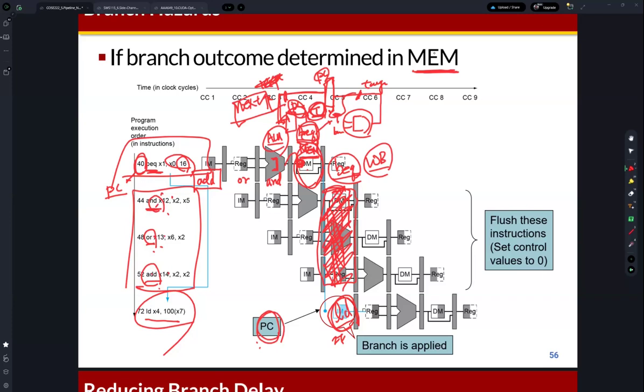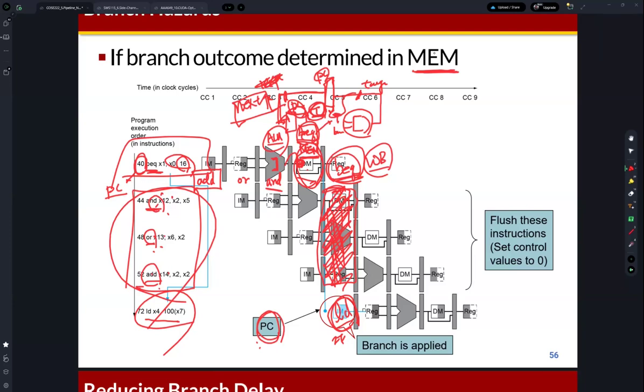So how can we implement this operation? As we learned, by making all control signals zeros, we can cancel these instructions, right? So when the BQ is here, then we can just make the control signals in the memory stage, and then the EX stage, and then also the ID stage, all zero, right?